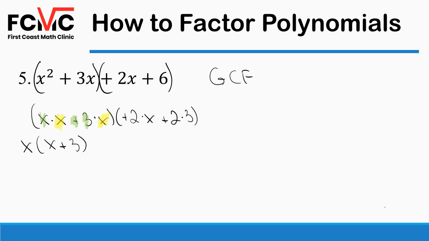In the second binomial, I've got a positive 2, positive 2. So I'm going to pull that out of the parentheses. That's my GCF. And the x plus 3 is going to stay in the parentheses. So I'm going to pull out a plus 2, keeping the sign with the 2, and then x plus 3 stays in the parentheses.